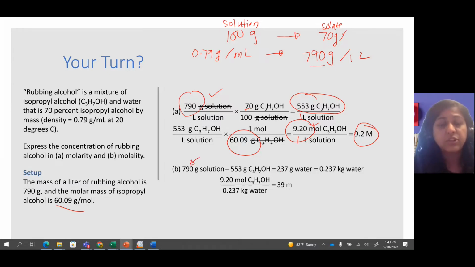If the total solution weighs 790 and the alcohol weighs only 553, the water weighs only 237 grams. Then it will be converted into kilograms. Then you divide the moles of the solute by the kilograms of the solvent and you get the molality.